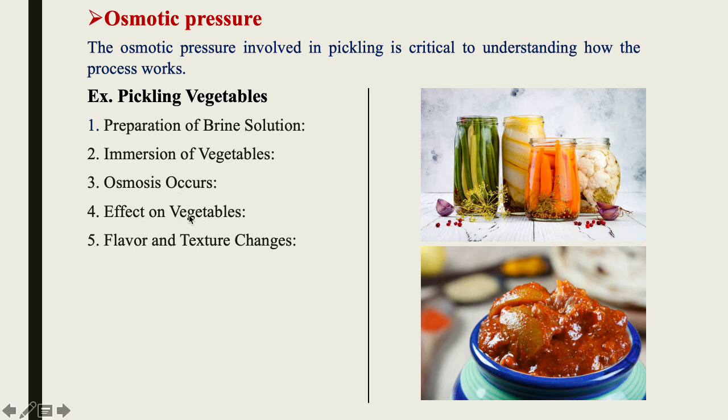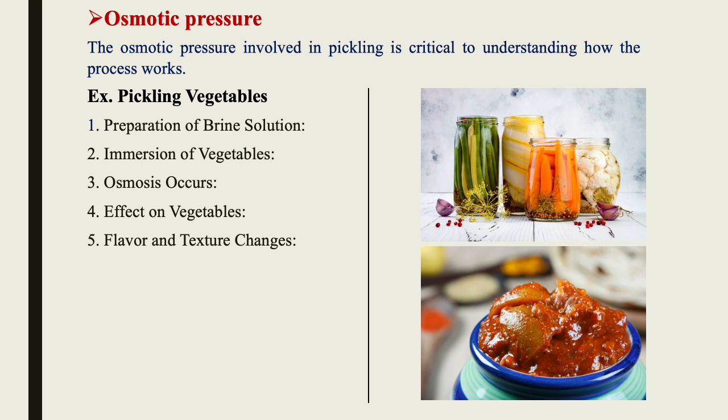The fourth process is the effect: how this osmotic pressure affects vegetables. As the water leaves the vegetable cells, the cells shrink and become less rigid or turgid. The loss of water helps to preserve the vegetables by reducing their water content. As the water content is lower, the pickles generally shrink, which inhibits the growth of spoilage microorganisms.